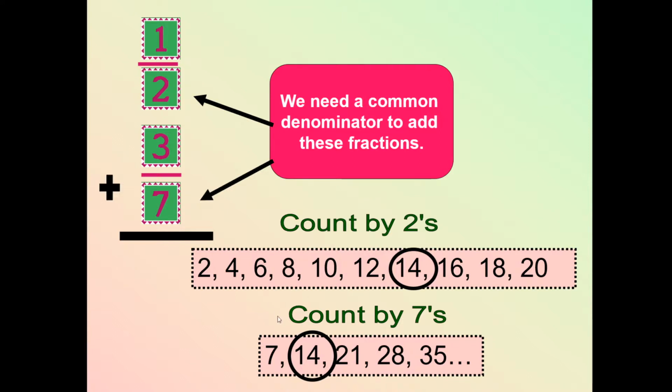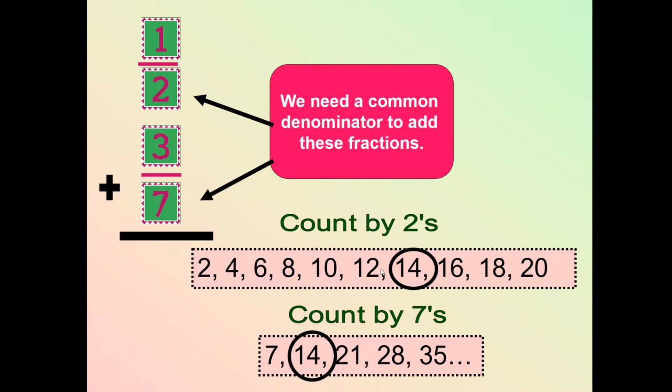Basically, here we have 2. If you count by 2, you just need to go up as high as you can, and the same thing for 7, up to 35. The first number that is similar is your LCD. As you can see here, we have 2, 4, 6, 8, 10, 12, and then 14. In 7, we have 7 and then 14.